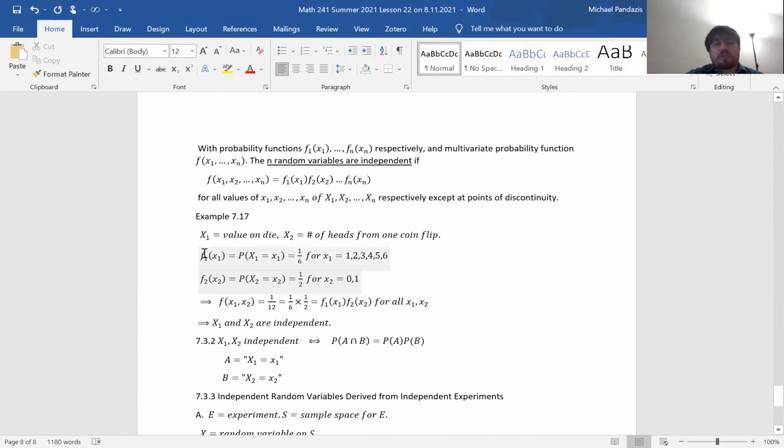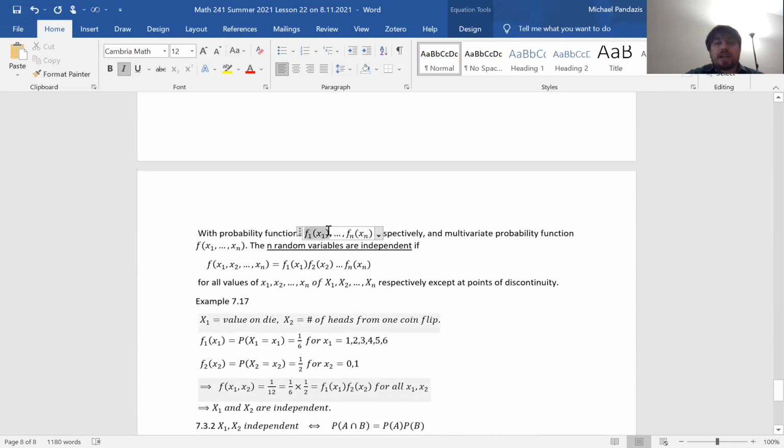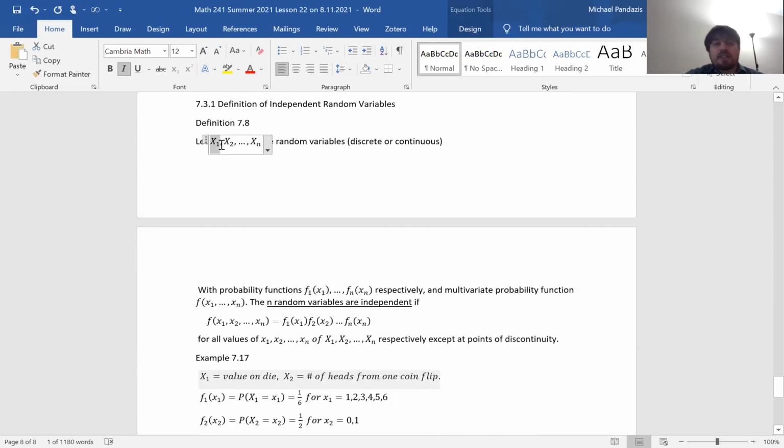This was obvious before, but when you see these indices, you might get a little confused. The f sub 1 of x1 just means it's the regular PDF of the single variable X1. F sub 2 of x2 is the regular PDF for X2. F sub n of xn is the regular PDF for Xn.